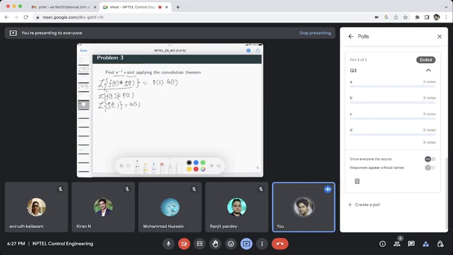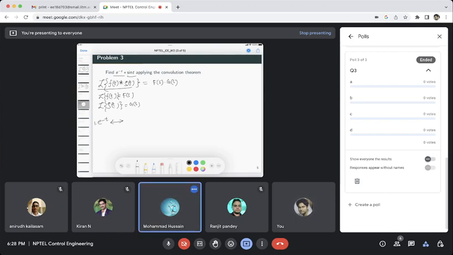Here f of t is e to power minus t and g of t is sin t. For f of t, what is the Laplace transform of e to power minus t? It is 1 upon s plus 1.